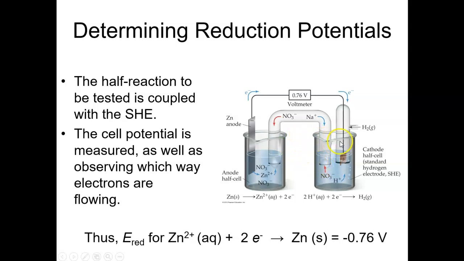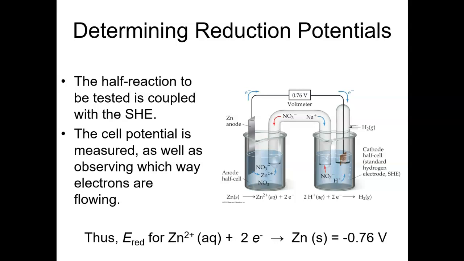Okay, and so because zinc is being oxidized, not reduced, it is easier to reduce hydrogen than zinc, therefore it is harder to reduce zinc than hydrogen, then zinc gets a negative value. And so I would give the half reaction for zinc as having the potential of negative 0.76 volts.